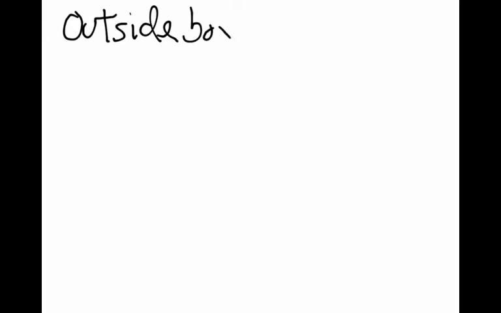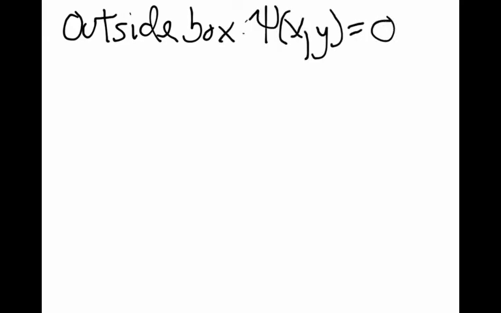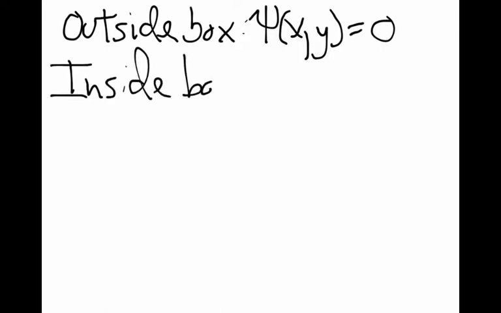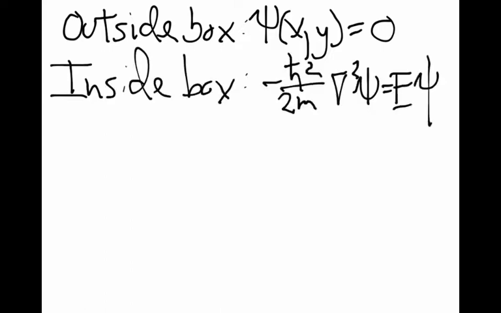So here's what we're going to do. First of all, outside of the box, as we just said, the wave function has got to be 0. Inside of the box, the potential is 0, and so the Schrodinger equation looks like this: minus h bar squared over twice the mass times the second derivative of the wave function psi, and now we'll use this Laplacian, del squared, to indicate the second derivative in the appropriate coordinate system.